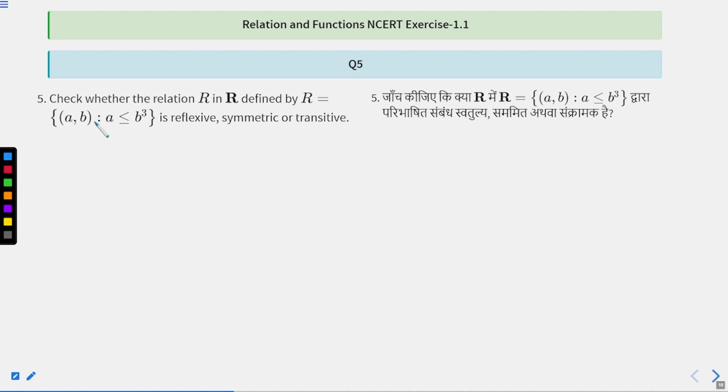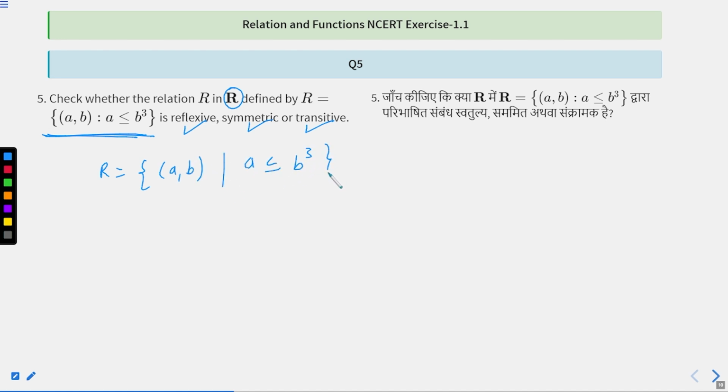Let's solve with me. Check whether the relation R in the set of reals, defined in this way, is reflexive, symmetric or transitive. So we have to check. So let's see, is it reflexive? So R is defined in this way.